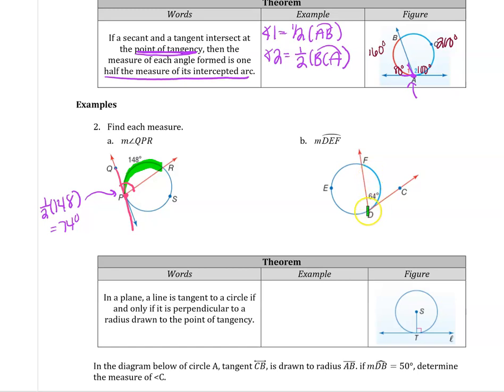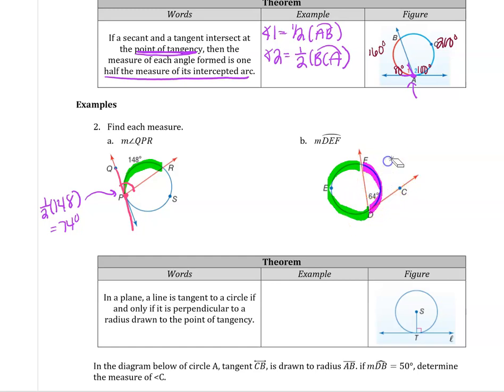Okay, now DEF would be our major arc because I've included that extra letter there that shows I'm going around the outside. I can find that by first finding the measure of arc DF. Okay, so what I'll do, again, here's a secant, there's our tangent.